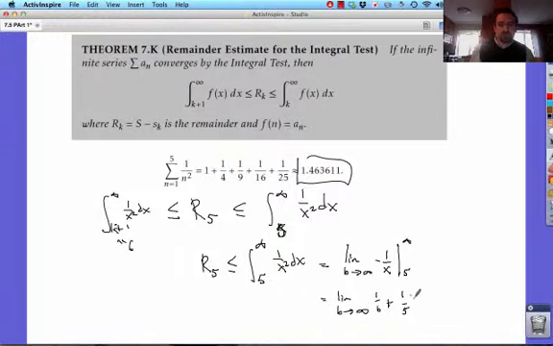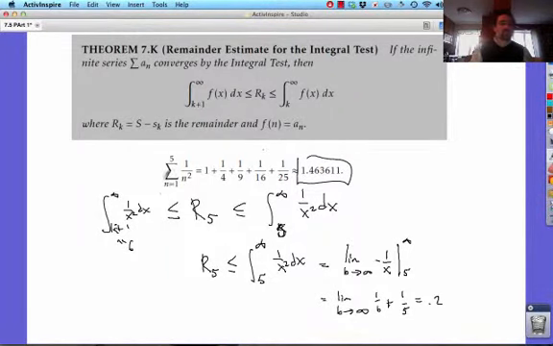This goes to 0, this goes to 0.2. So we know that the actual value is no more than 2/10 above this value. The remainder, the difference between this and the actual sum, is less than 2/10, less than 0.2. That's the idea. So we can get a sense of how far off we are.